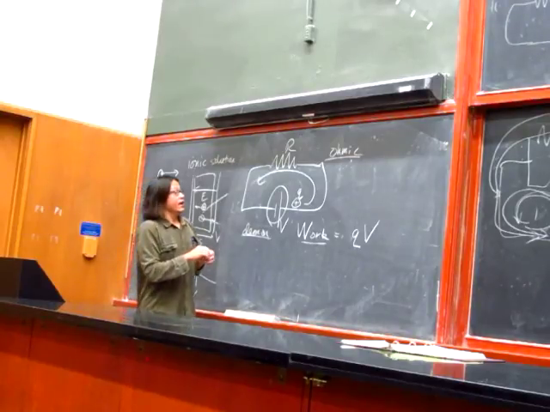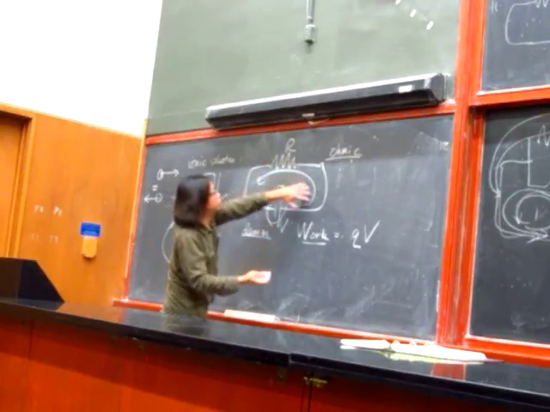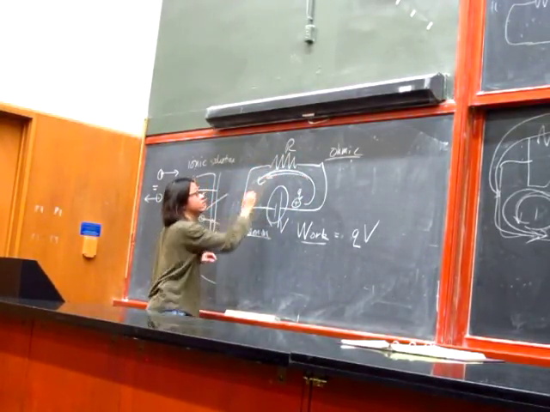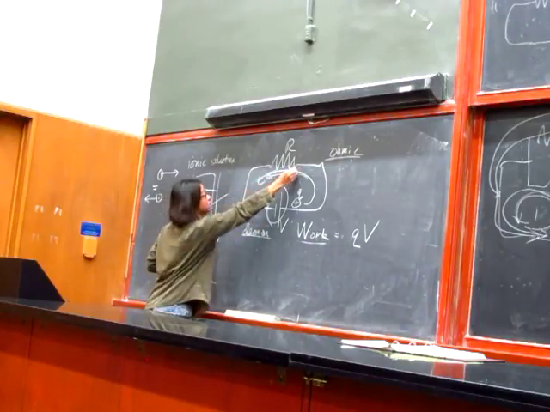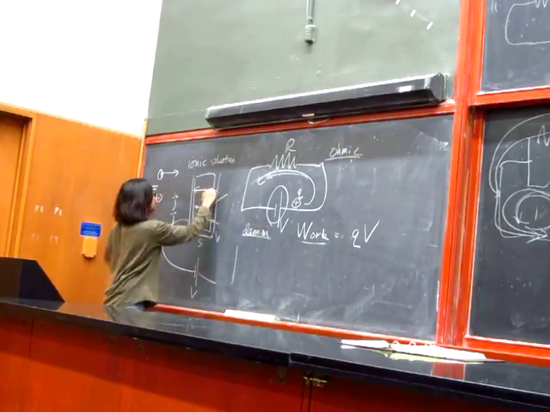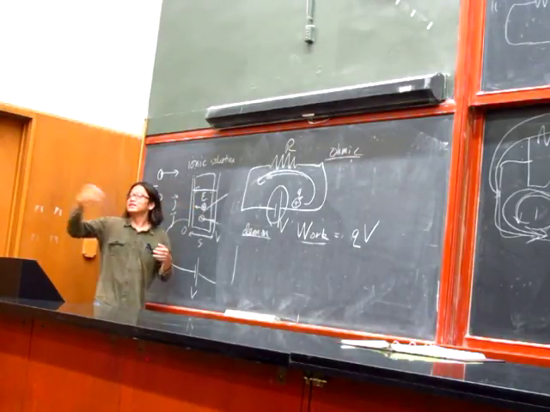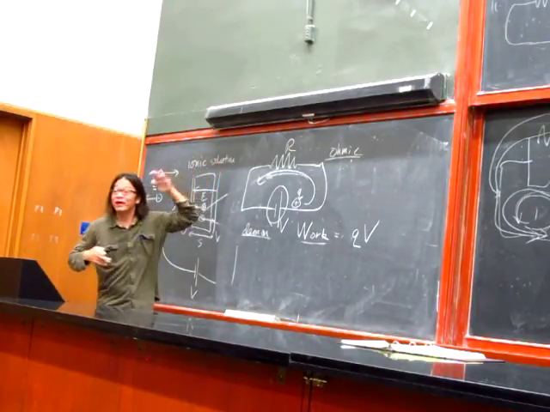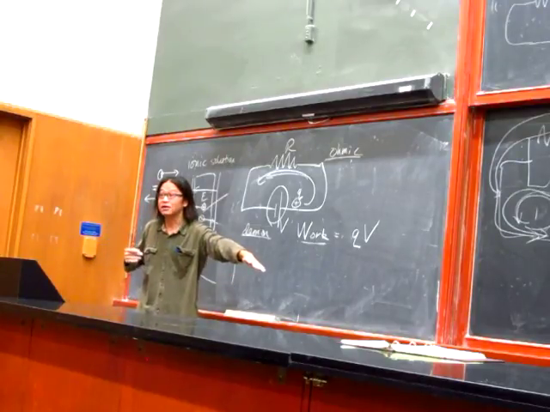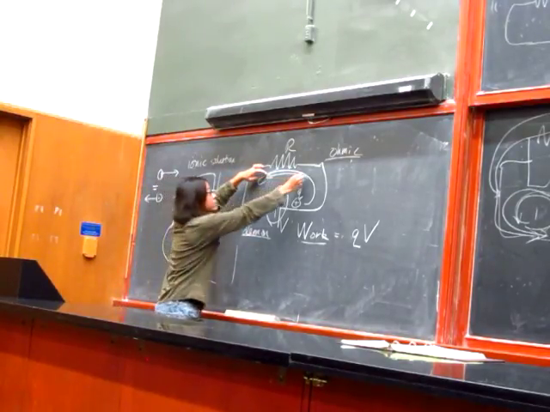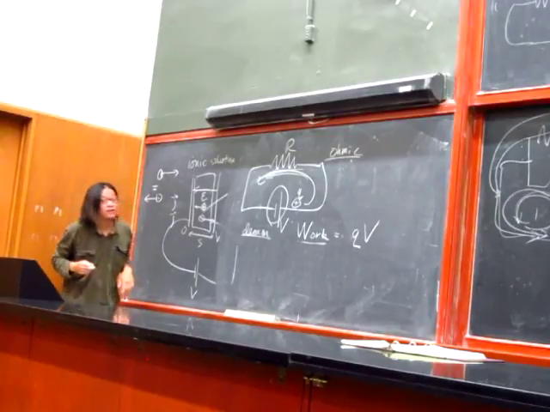Okay? And in the work that you do moving this across, what happens is that you accelerate this charge across this material, and it's bumping around, so it's losing the kinetic energy acquired by dropping down the potential hill here, okay?